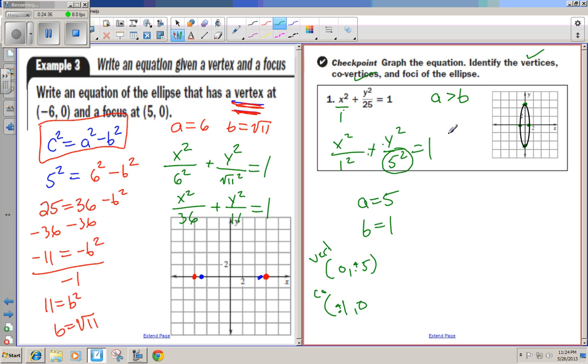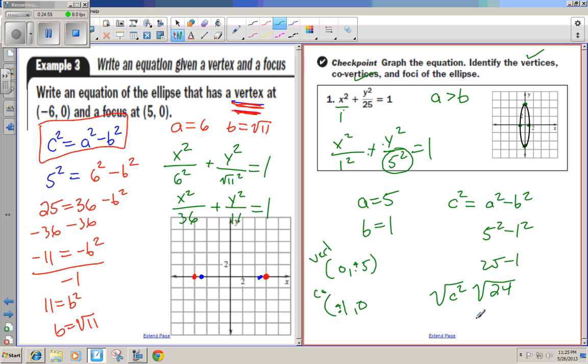Remember, the foci for these is the distance from the origin on the major axis. It's c squared equals a squared minus b squared. So for us, it's 5 squared minus 1 squared. That's 25 minus 1, which is 24.